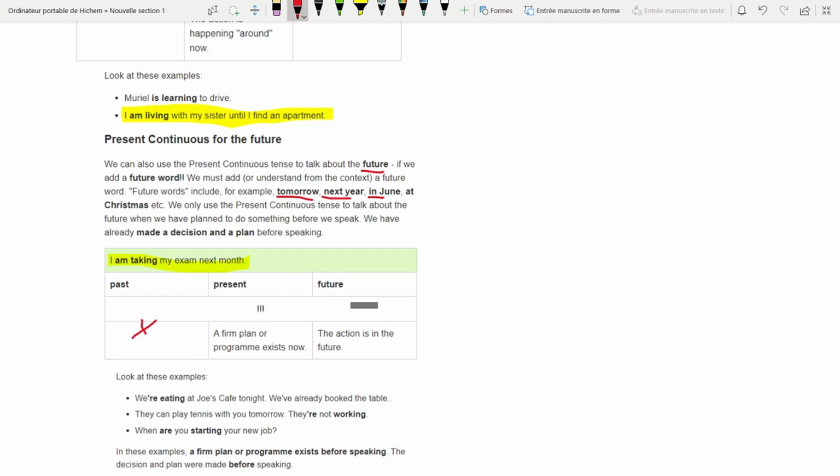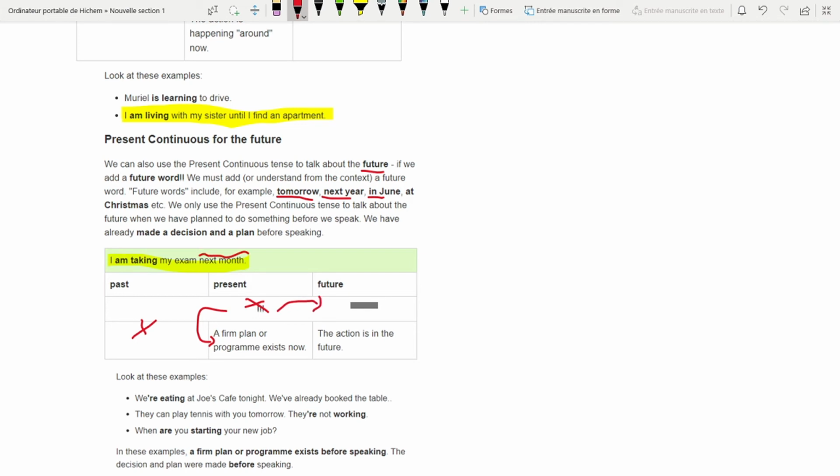The action did not happen in the present, but there is something specific about the present, which is that we planned, right? The plan of taking my exam next month has been planned in the present time, okay? But the action will happen in the future, because there is next month.